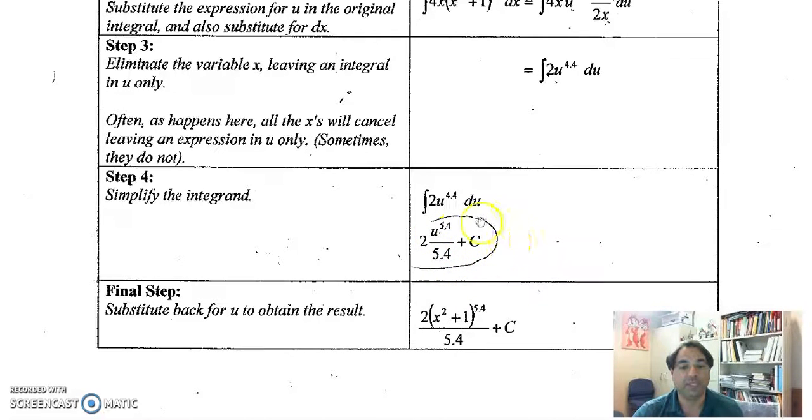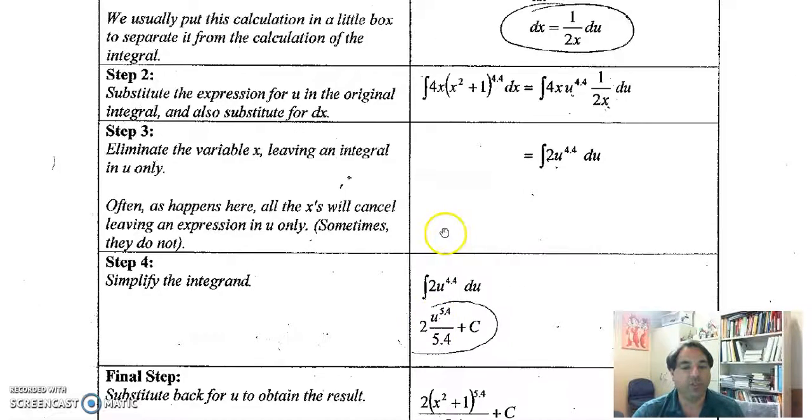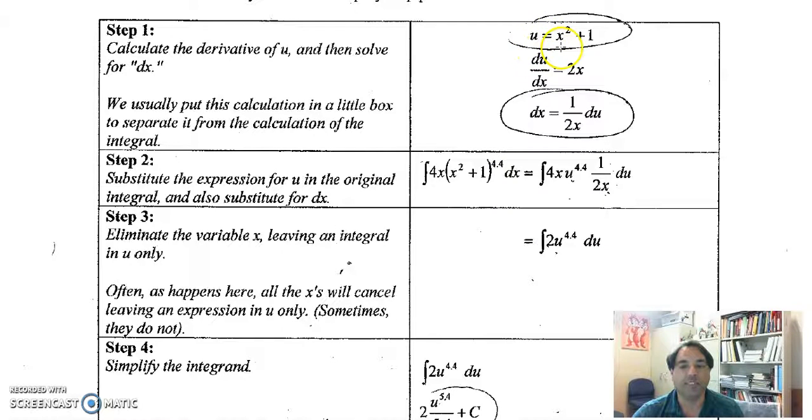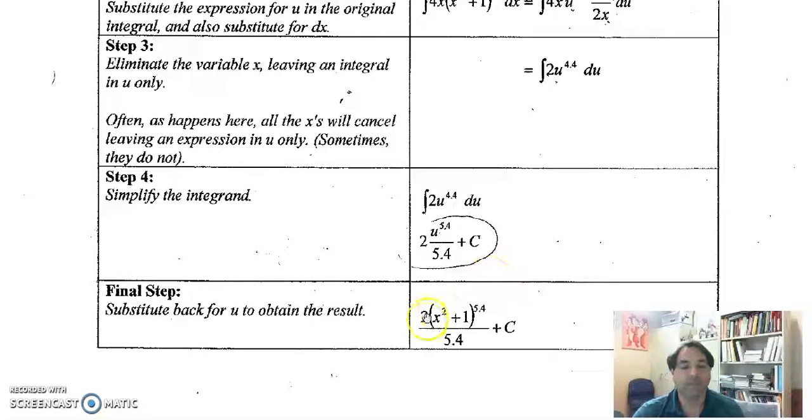Remember, an integral has a plus c at the end. But we don't want our final answer in terms of u, we want it in terms of x. We turned it to u so it's simpler, but now we want to get back to x. So instead of u, we put what u equals, which is x squared plus 1. Our final answer is 2 times (x squared plus 1) raised to the 5.4, divided by 5.4, plus c.